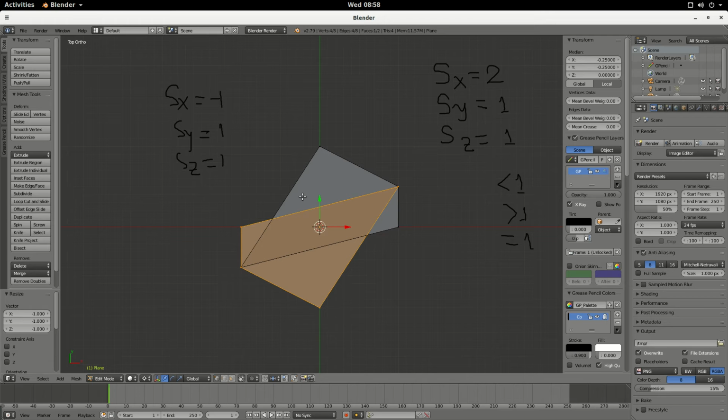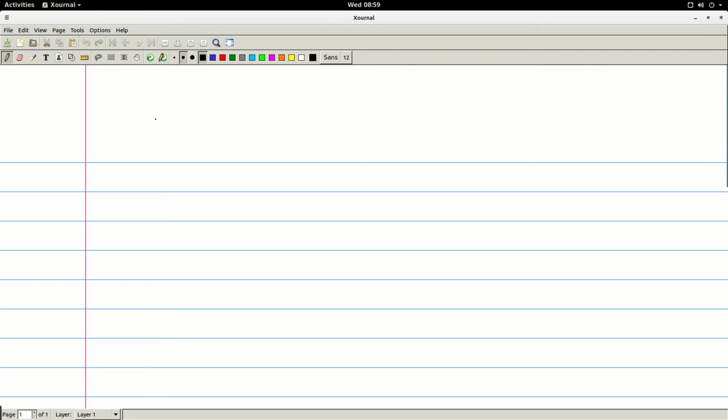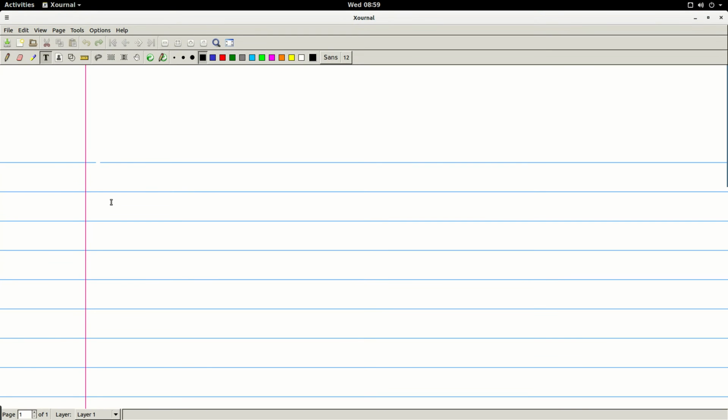So scaling, in essence, is really very easy to compute. You just multiply the components with the scaling factor. So let me write this down. We're going to revise these formulas, but you need to have a clear understanding, a visual cue of what's happening.